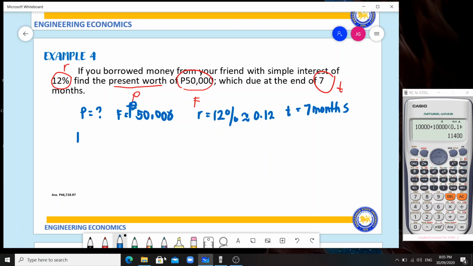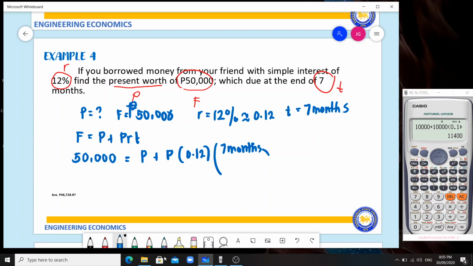So, ang future natin, di ba, F is equals to P plus PRT. So, meron na tayong F, that is 50,000, equals P plus P. Ang rate natin ay 0.12, and then the time, which is 7 months, convert 12 months in a year.